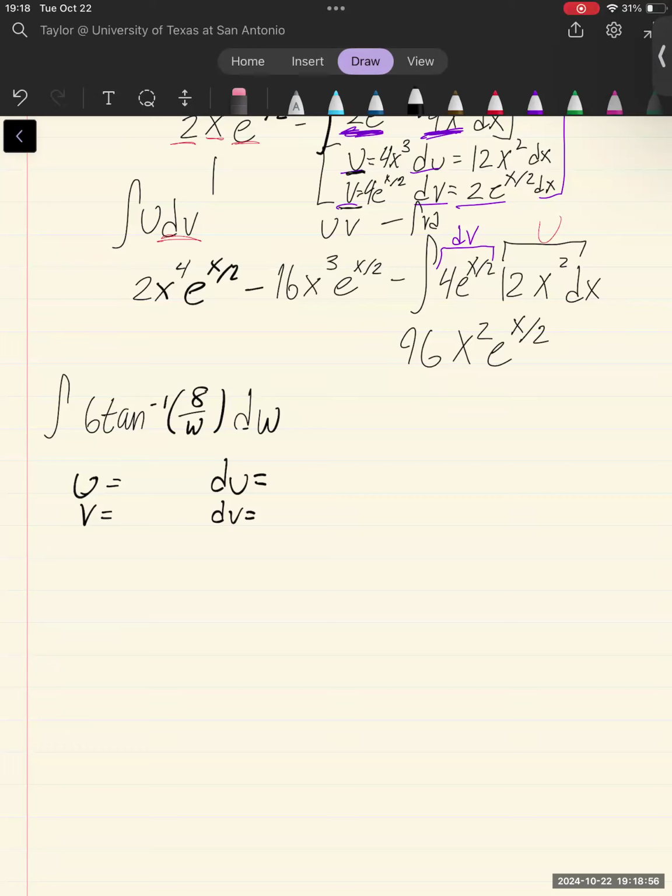Almost. So in this case, we're going to go ahead and include the 6 just to make things a little bit easier. So what happens is we get 6 tan inverse. Oops, I'm going to need more space. 6. Can we still do it without the 6?